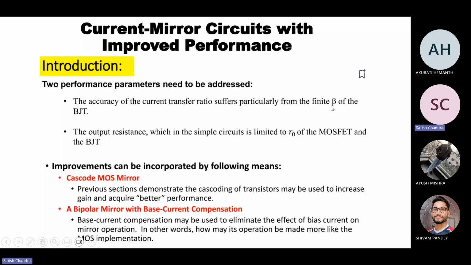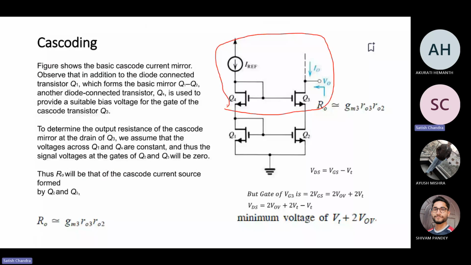So that is what is written here: the diode connected Q1, which forms a basic mirror between Q1 and Q2, and another diode connected transistor Q4 is used to provide a suitable bias voltage for the gate of the cascode transistor Q3.